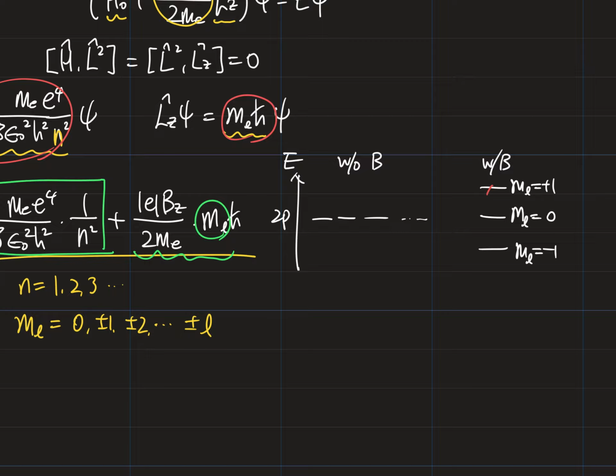And actually, you can calculate the energy spacing between these energy levels, right? Because this is simply the energy shift by this much: unit charge multiplied by magnetic field divided by 2 m_e, multiplied by h bar.